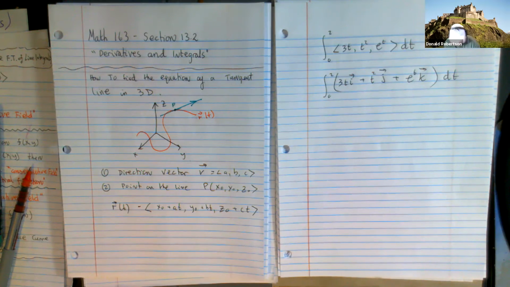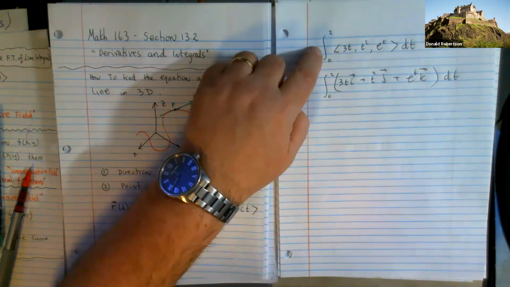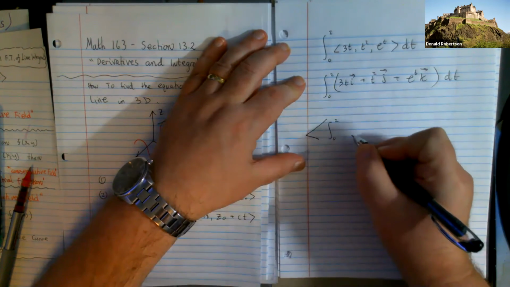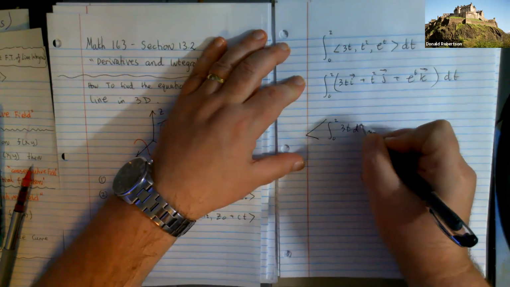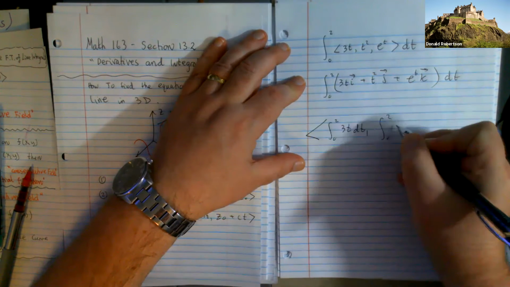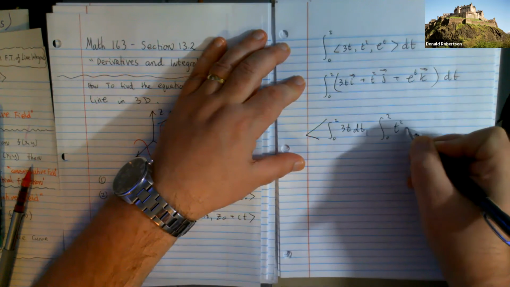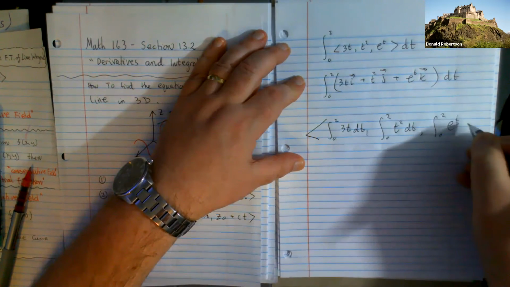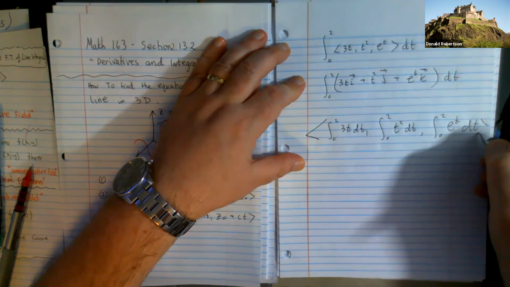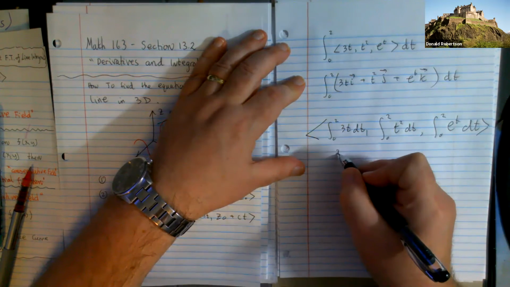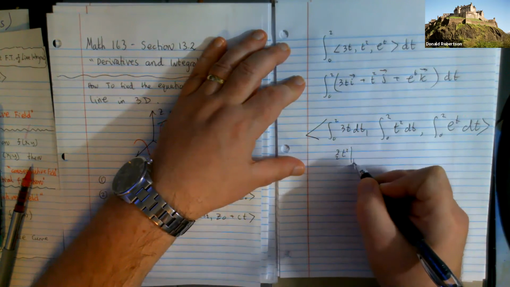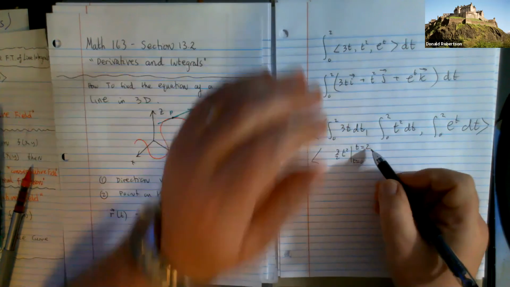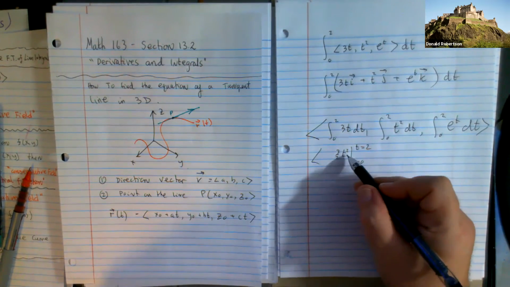So let's see. I like this notation, so I'm going to do that one. It's the integral from 0 to 2 of 3t, the integral from 0 to 2 of t squared, and the integral from 0 to 2 of e to the t. Okay, 3 upon 2 t squared evaluated at 0 and at 2. That gets you 4, 4 cancels part of that, that gets you 6.